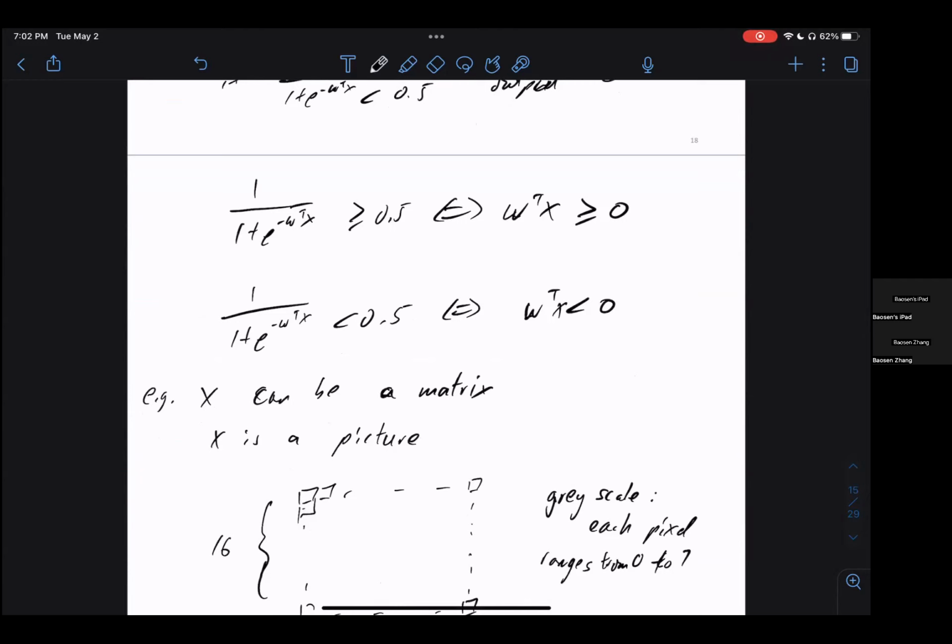Technically you can directly work with this, but when you use cross entropy, the optimization is much better. It's much easier to find the optimal W.